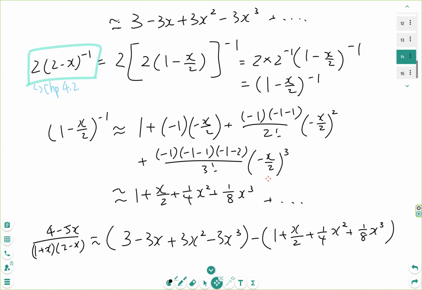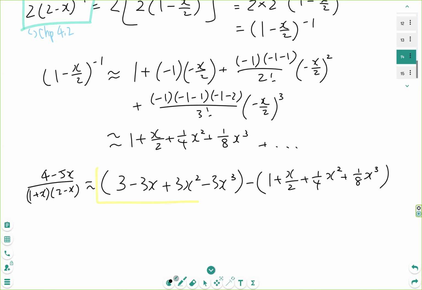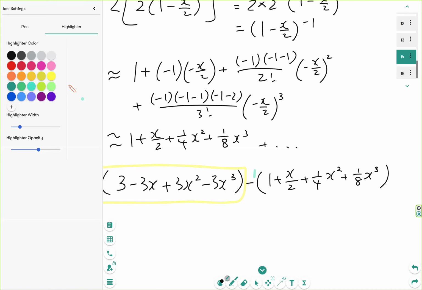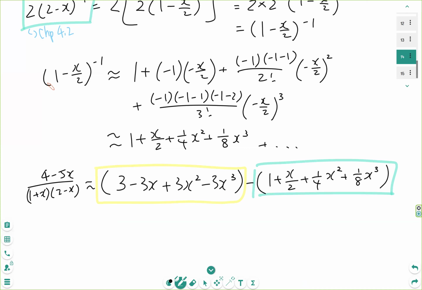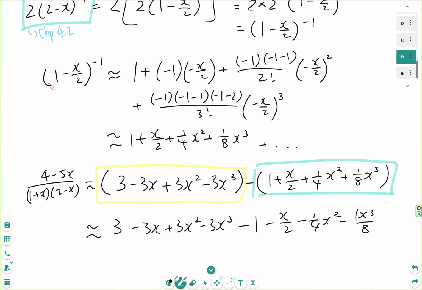So this is the yellow, and then the blue, just color coded for you guys. See, I'm kind. So which roughly equals to, if you subtract the bracket, allow me to rewrite it, minus and then plus minus x over 2 minus a quarter x squared minus x cubed over 8.